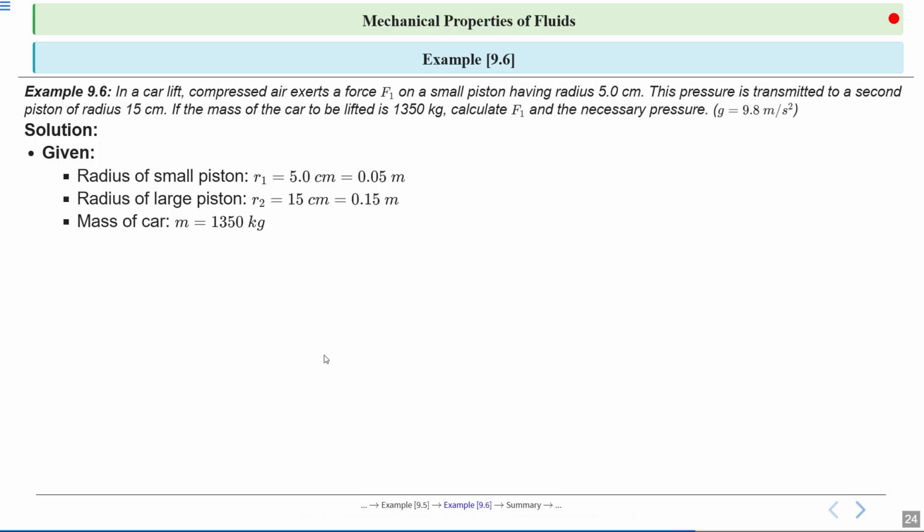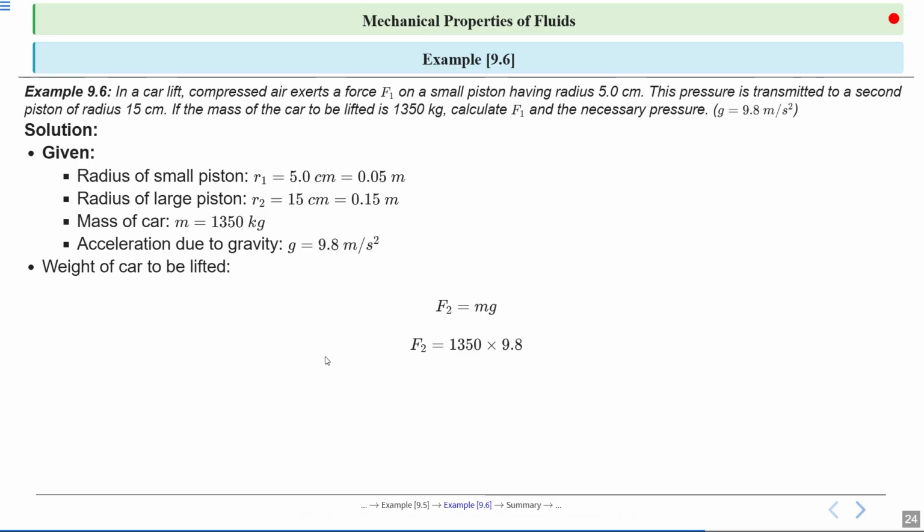The mass of the car is provided as 1350 kg. And we also have the acceleration due to gravity, which is 9.8 meter per second square. This constant is used to calculate the weight of the car. The weight of the car to be lifted, F2, equals mg. So F2 equals, substituting the values, 1350 into 9.8.